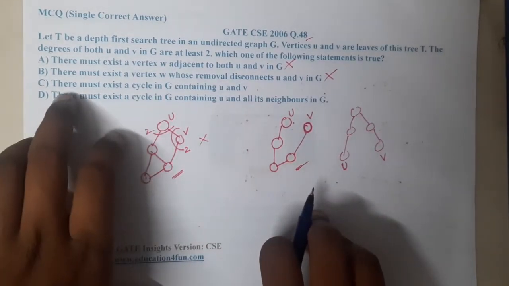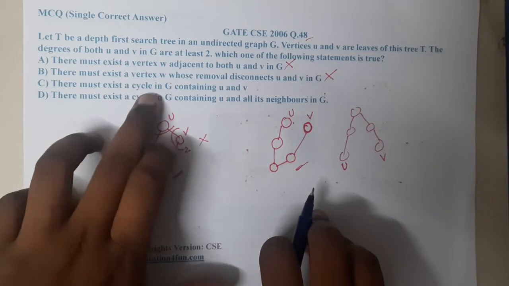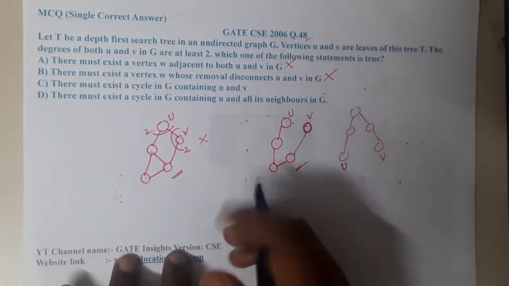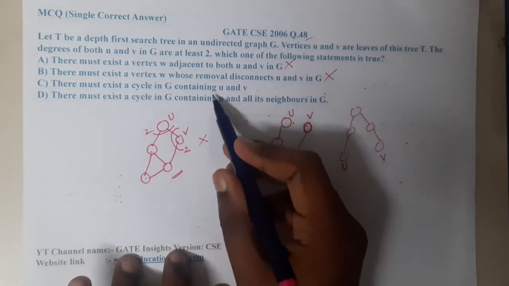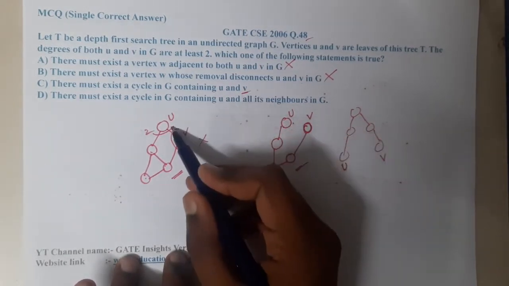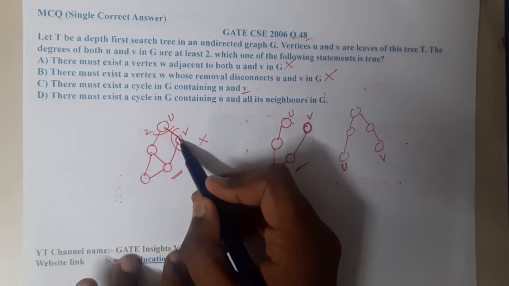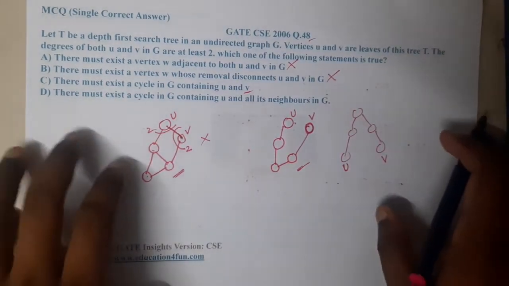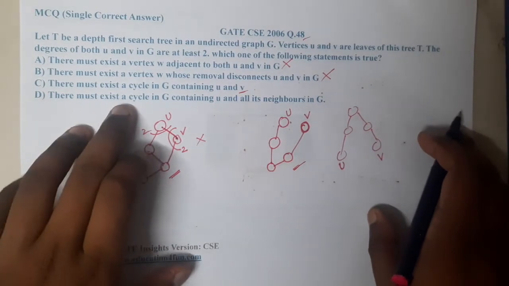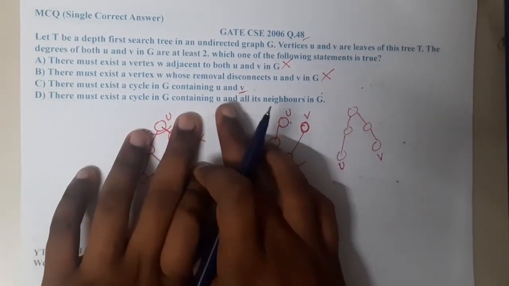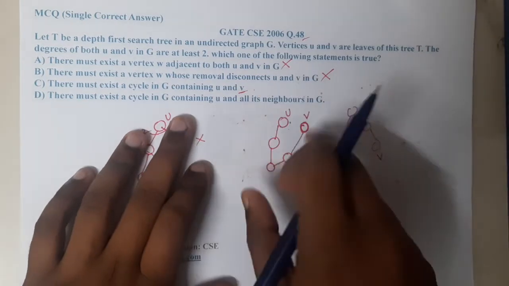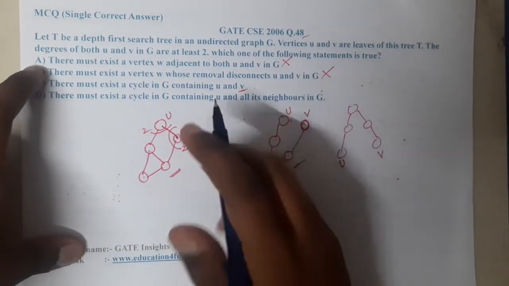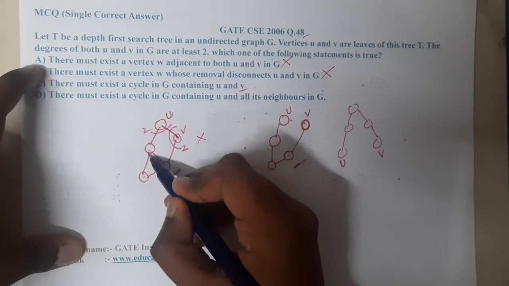The next option, C: there must exist a cycle in G containing u and v. So u and v should form a cycle. Is it possible? Let us keep that aside for now and continue with the next option. Option D: there must exist a cycle in G containing u and all its neighbors in G. If you observe, all the neighbors of u are covered in a cycle here.